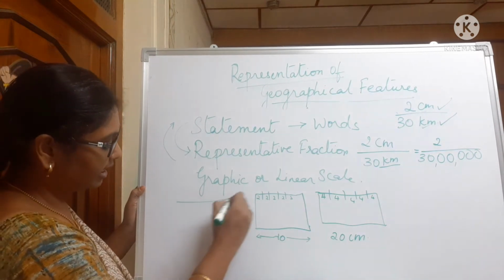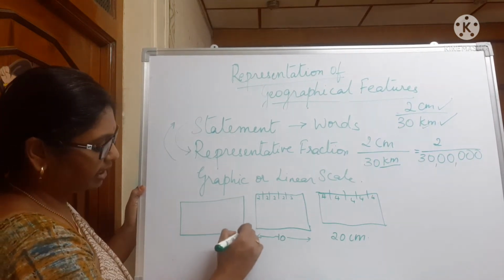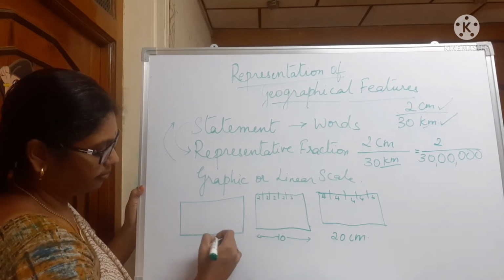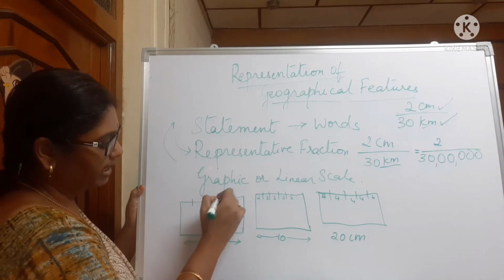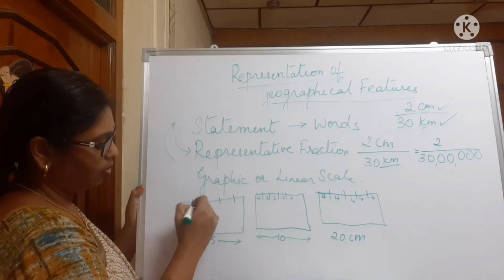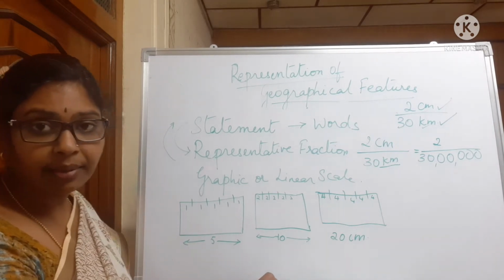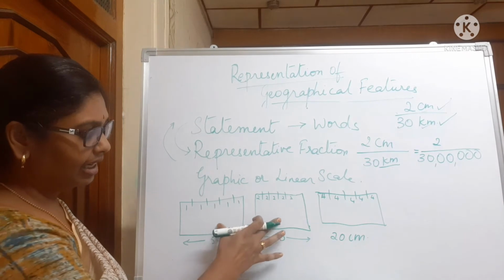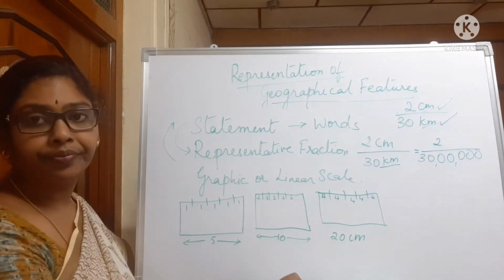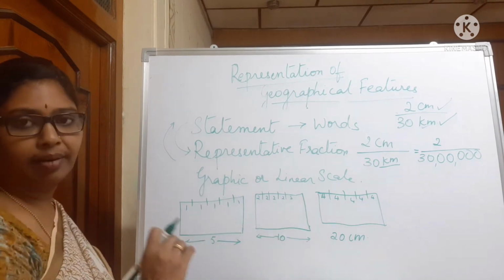Similarly, this 10 centimeter map becomes a 5 centimeter map. 5 divisions become 1, 1, 1, 1, 1, 1 centimeter each. So very clearly we can see the enlargement or reduction in the map.